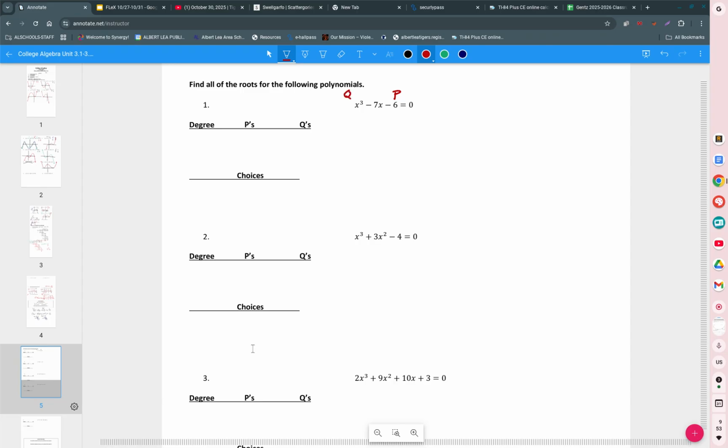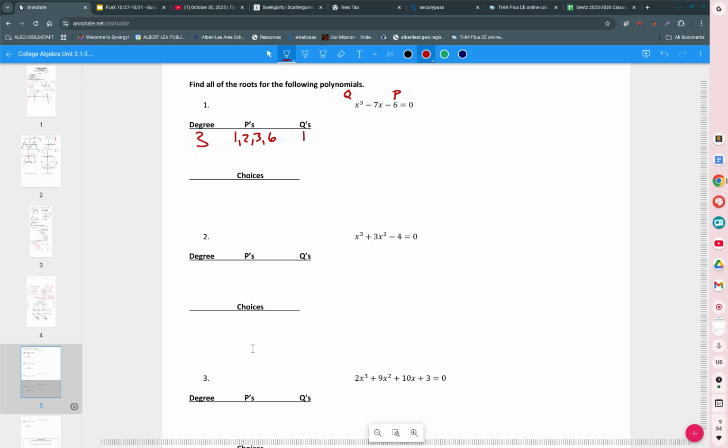That's all we're concerned about. We can see that it is a third-degree polynomial, but we list our p's, which are factors of 6. And what are the factors of 6? 1, 2, 3, and 6. And then q's are factors of 1, which is just 1.